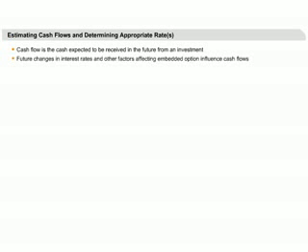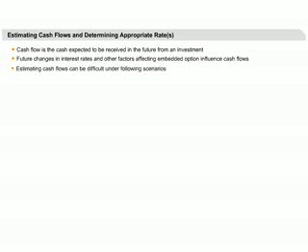Estimating cash flows and determining appropriate interest rates. Cash flow is the cash we expect to receive in the future from an investment that we have made. These cash flows are affected by the change in interest rates in the future, since the changing interest rate environment affects the options embedded in the bond.